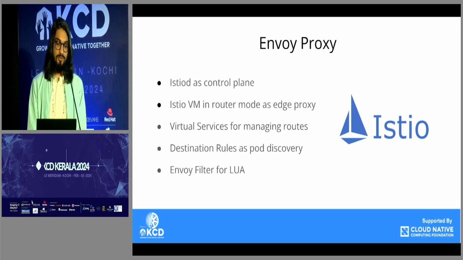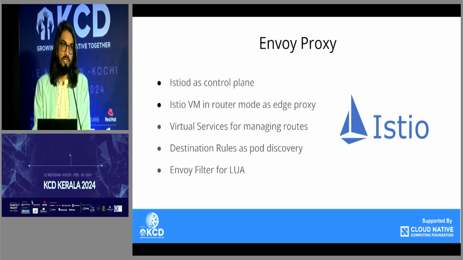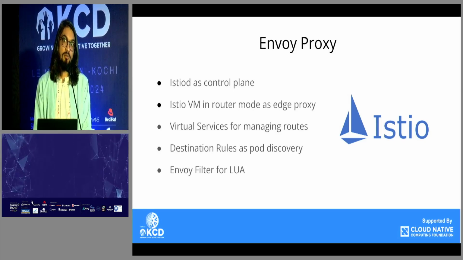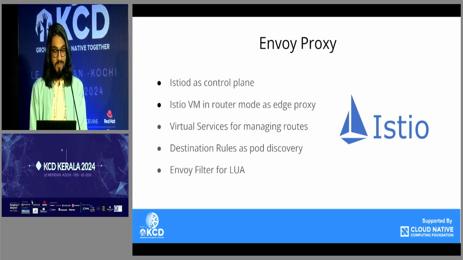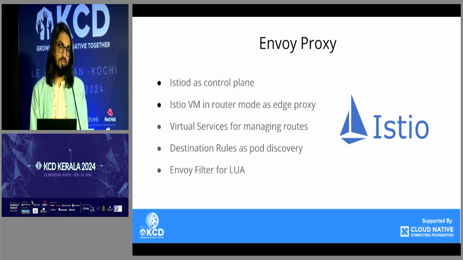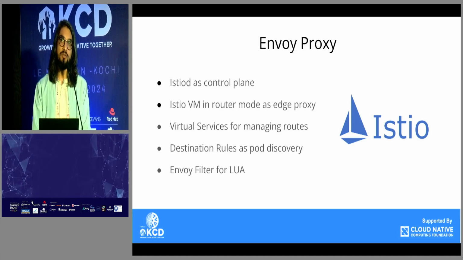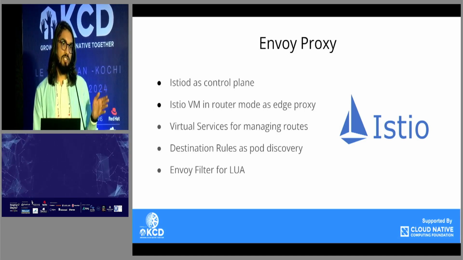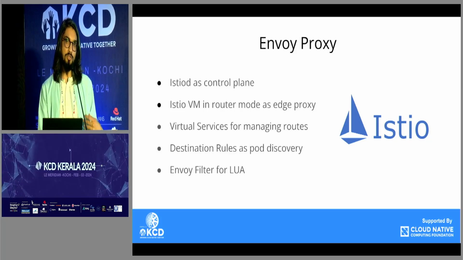Great. So we wanted to use it as an edge proxy. We did not want it to run as a sidecar proxy. So what Istio has is virtual services, which basically manage your routes. So let's say I have application A running under a service A, I can have virtual services around it.